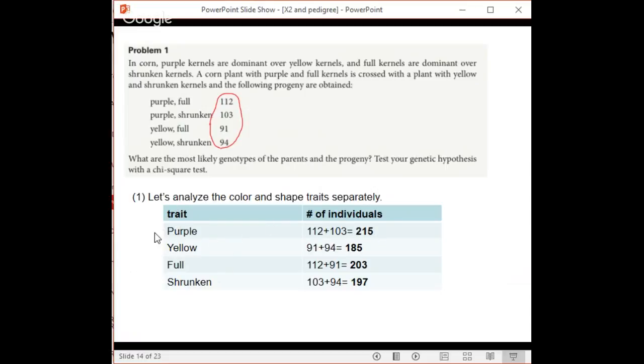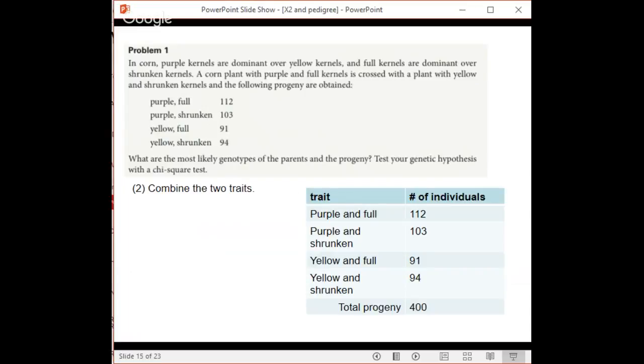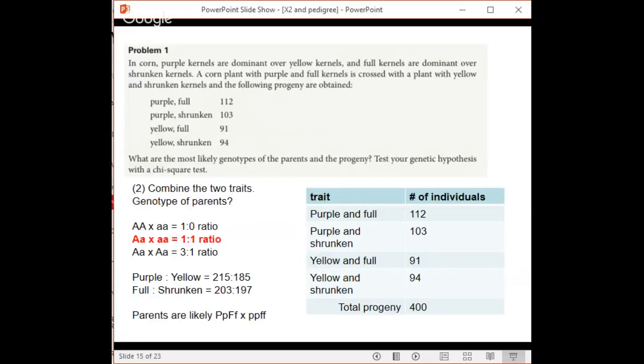I just took this purple here, it's 112, and then this other purple is 103. So in total, we have 215 purples, 185 yellow, 203 full, and 197 shrunken. So now we can put those back together, and it's just all of these added up. There's a total of 400 progenies.